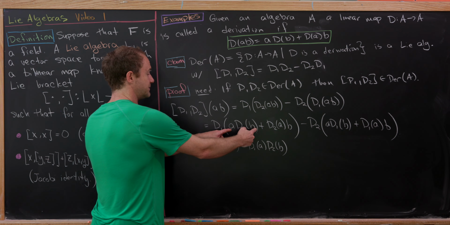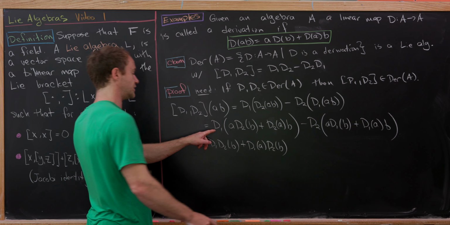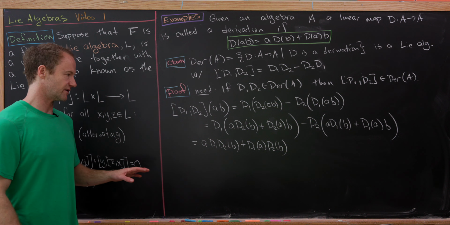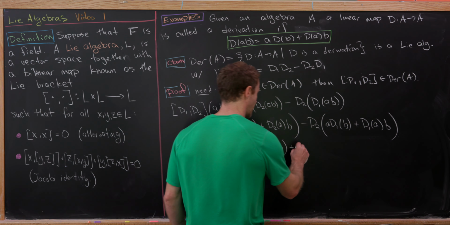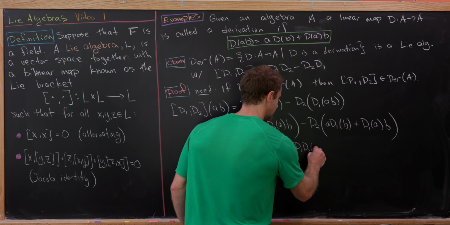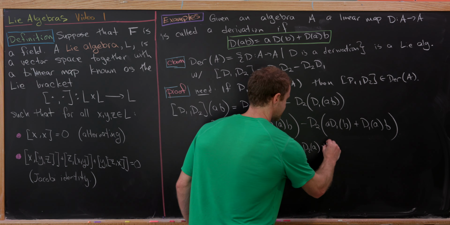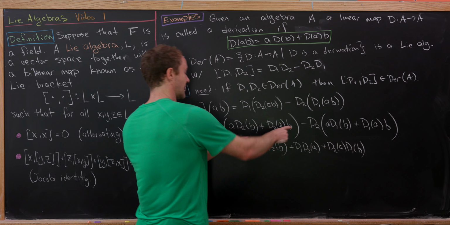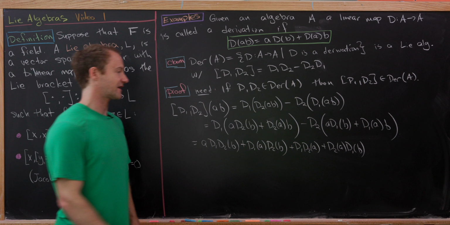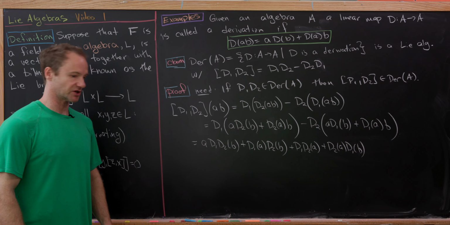So that's this bit right here expanded out using the fact that d1 is a derivation. Then we're going to have something similar for this over here. So that'll be plus d1 d2A times B plus d2A d1B. Again, that's this expanded out using the fact that d1 is a derivation.